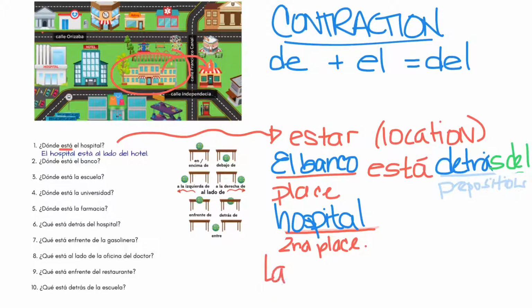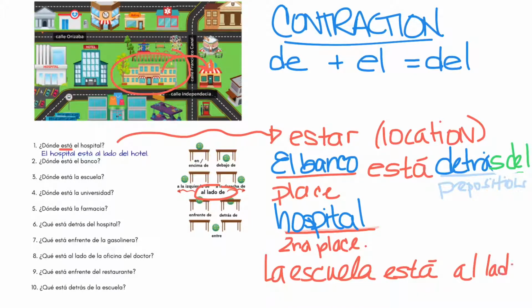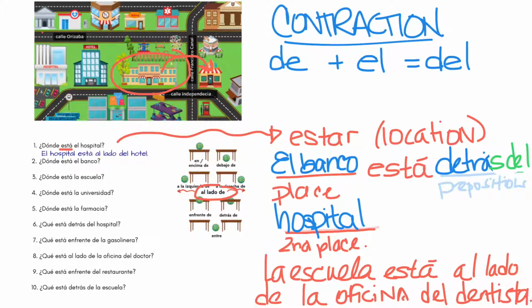La escuela está, my preposition is al lado de. Now this next one is going to be la oficina, so I don't have to worry about making a contraction. La oficina del dentista. But if you notice right here, instead of saying de el dentista, I am doing a contraction.